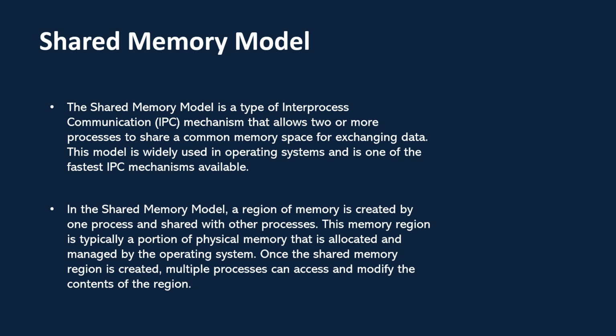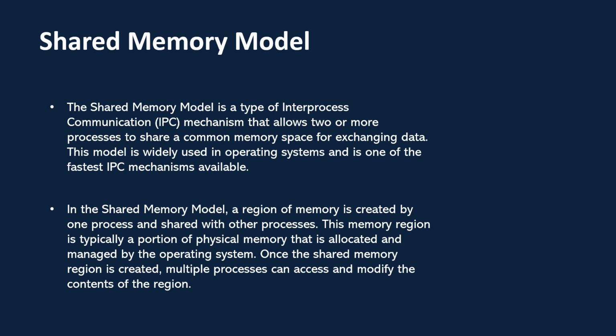That means if a single process has created a memory space, then two or many processes can share this space for sharing data and to communicate. And this portion of memory is basically physical memory, which is allocated or managed by the operating system.